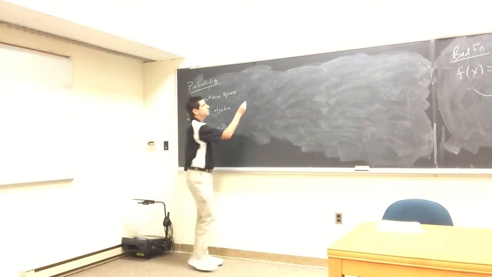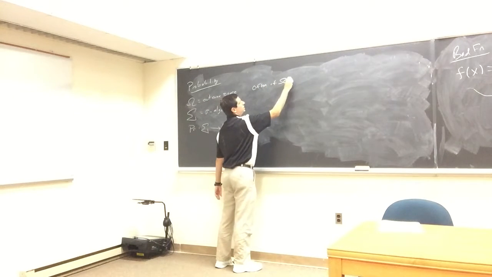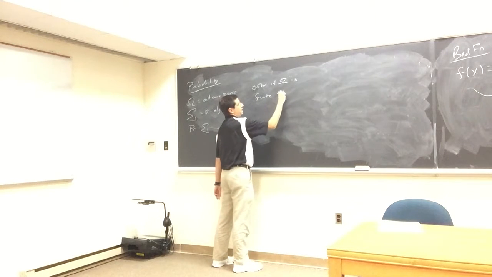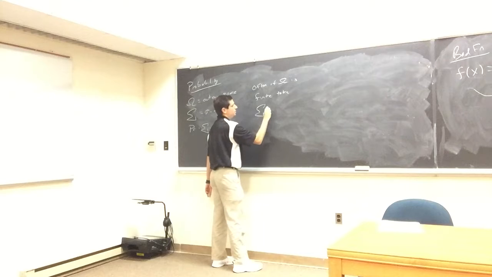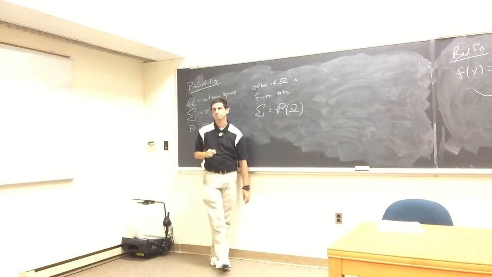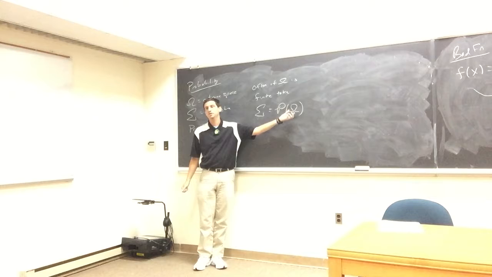So often, if omega is finite, we take sigma to be the power set of omega. And we just assign probabilities to all of those things. And one way we can do it is we assign a probability to each element of omega.